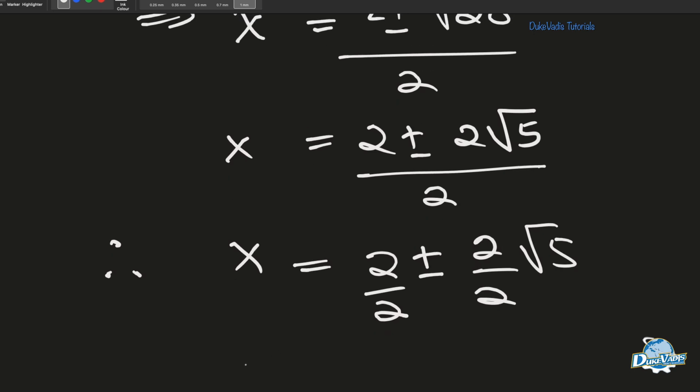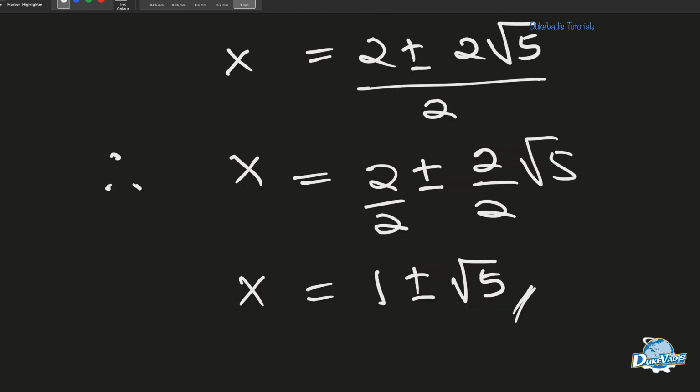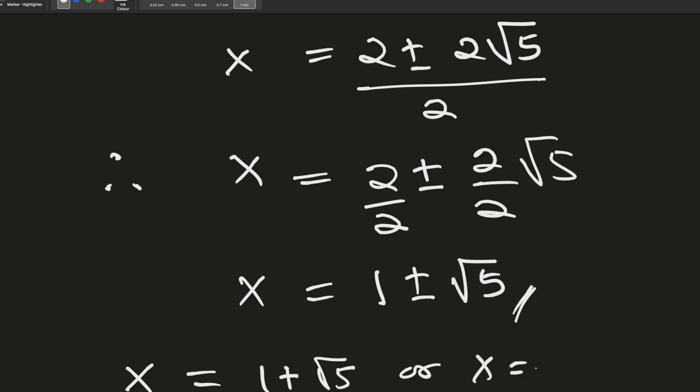So our final answer will be equal to 1 plus or minus square root of 5. We can also say that x is equal to 1 plus root 5, or x is equal to 1 minus root 5. And these are the possible solutions.